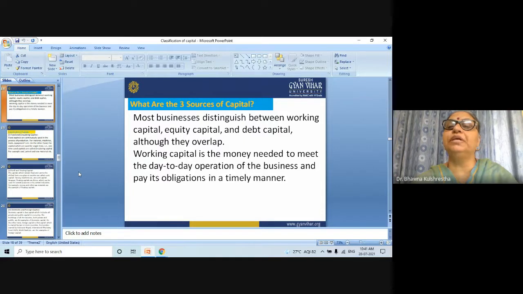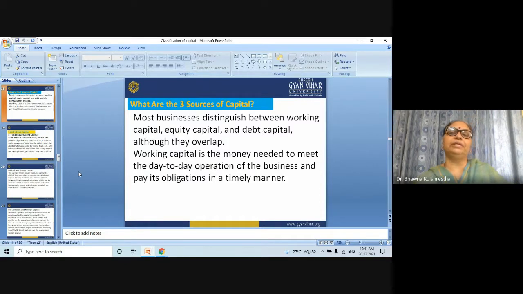And debt capital is borrowed money on the balance sheet. The amount borrowed appears as a capital asset, while the amount owed appears as a liability.